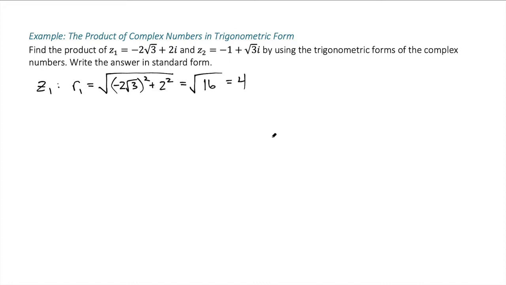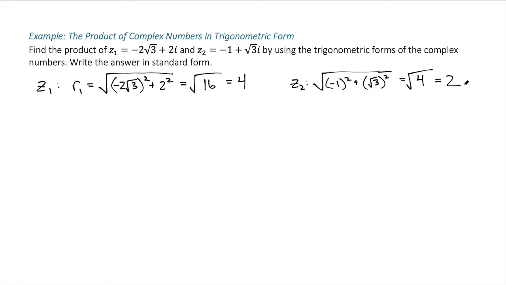So that's 4. And for z2, same thing, square root of a squared, a is negative 1, plus b squared, that's root 3 squared. Well, this is the square root of 1 plus 3, which is the square root of 4, which is 2.